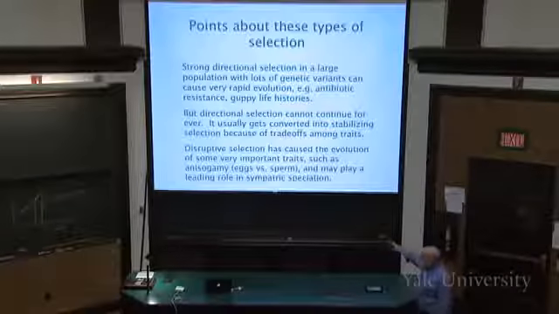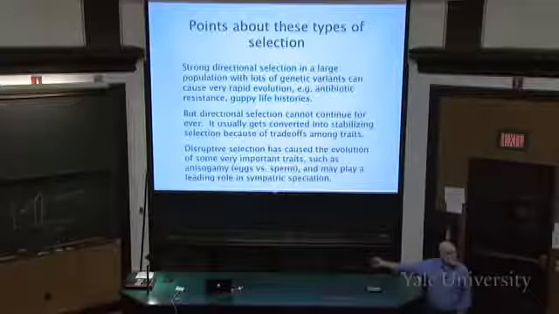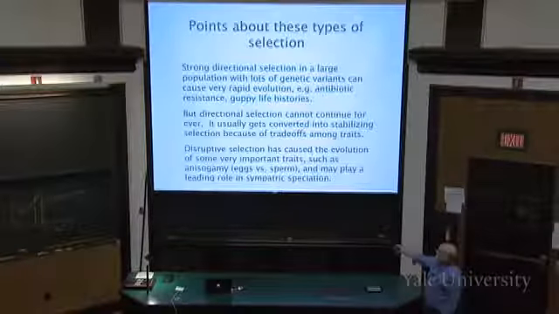It can continue. It usually gets converted into stabilizing selection. Disruptive selection causes, historically, things like the conversion of similar-looking gametes into quite different gametes. So disruptive selection was involved in the origin of eggs and sperm back in the day, about 1 billion years ago.